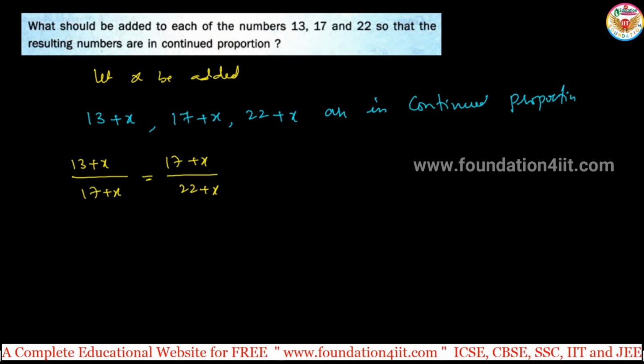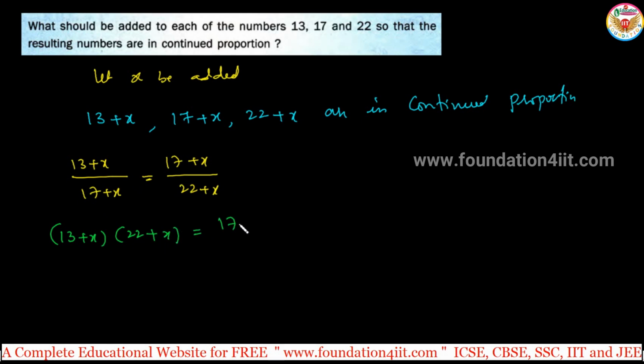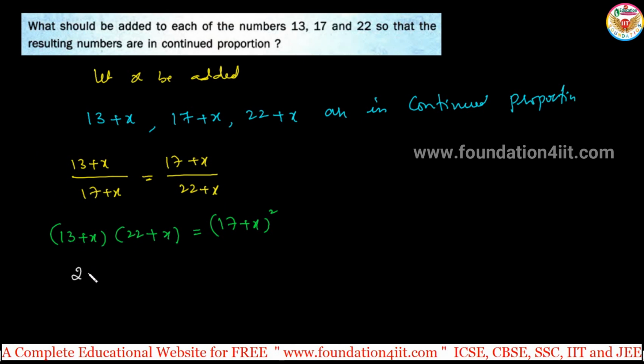Do cross multiplication and simplify. 13 plus x into 22 plus x is equal to 17 plus x into 17 plus x, that is the whole square. On the LHS, you can simplify first term into both, second term into both. Then you get 286 plus 35x plus x square.